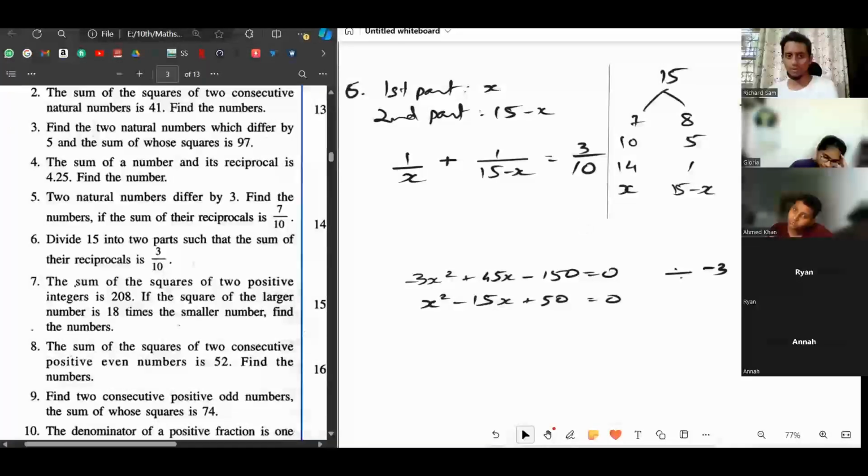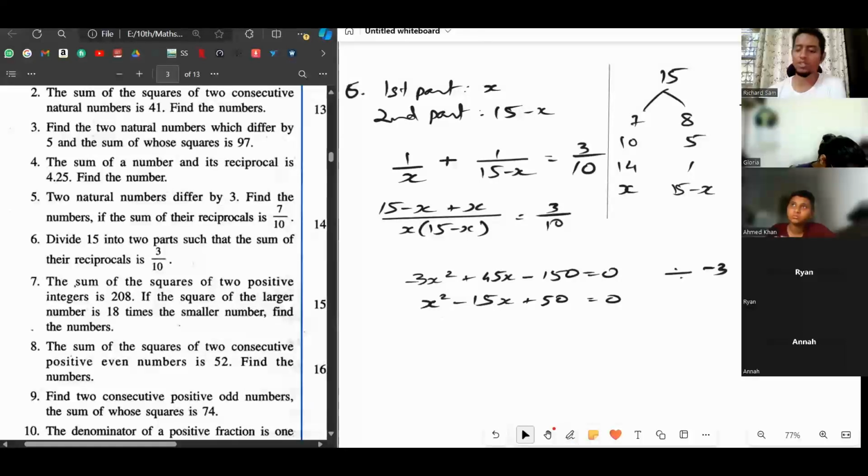Look, I'm going to show you how we'll do this. Those of you who didn't get it, please watch. Okay, so 15 minus x into 1, that is 15 minus x, plus x into 1, that is x, whole divided by x into 15 minus x equal to 3 upon 10. This is the first cross multiplication when you have plus or minus in between.